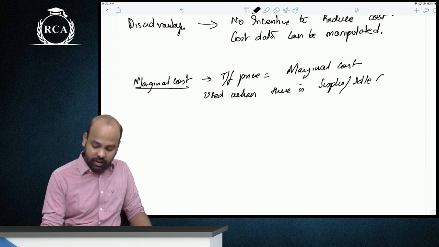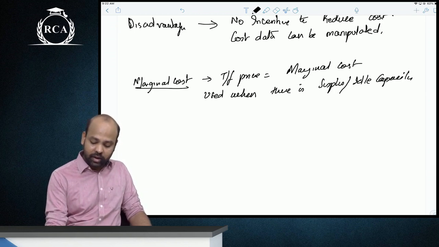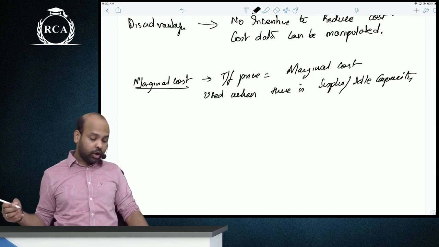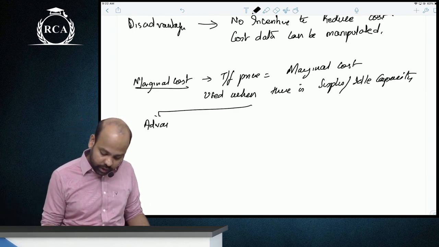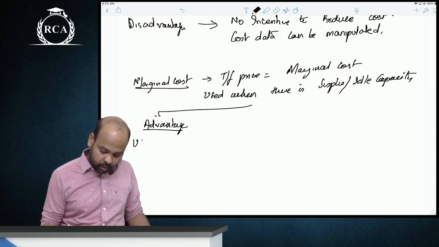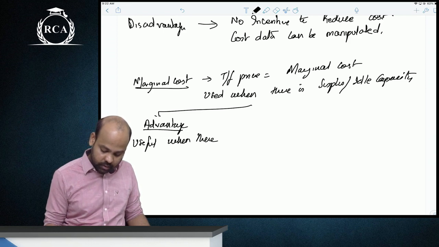Otherwise this does not make sense, guys. Why will the transferring division even agree to it? Advantage: you will write useful when there is surplus capacity. Okay, sir. That is where you will use this, guys.